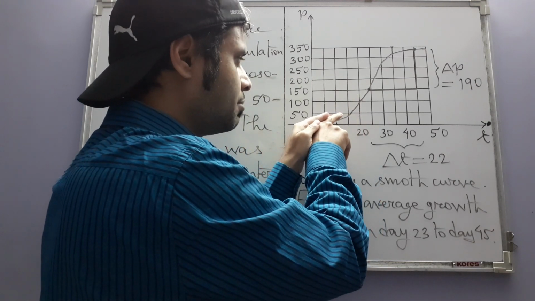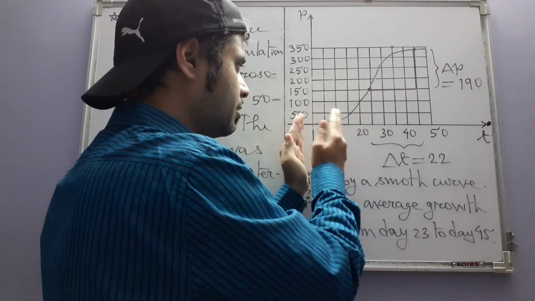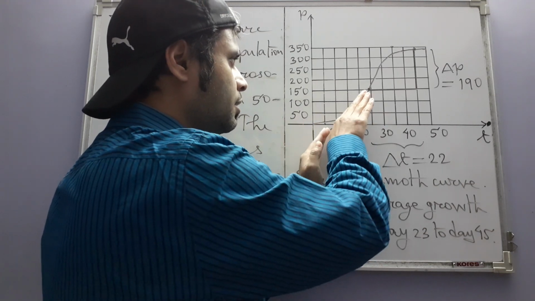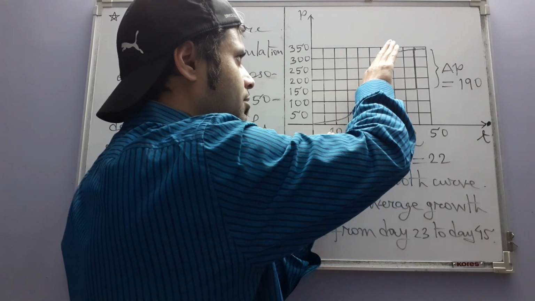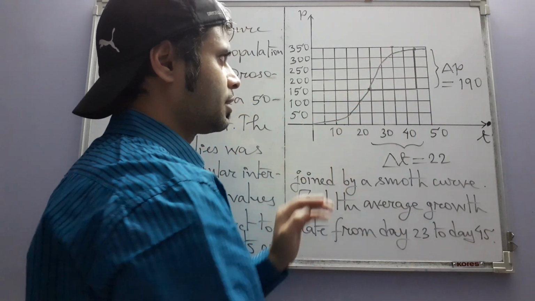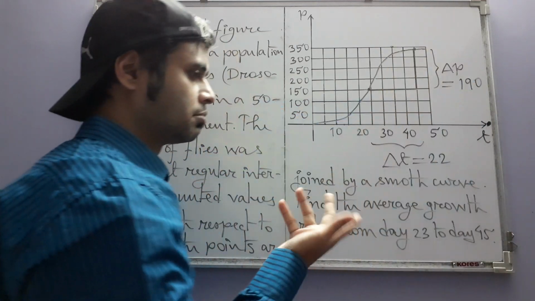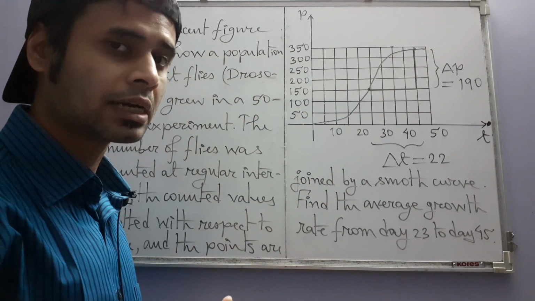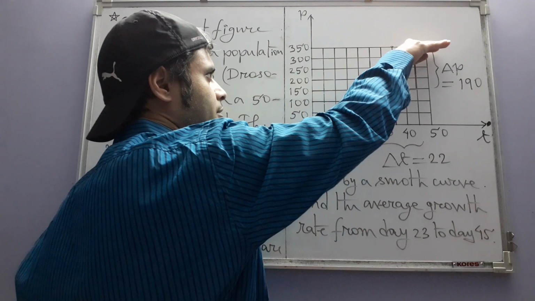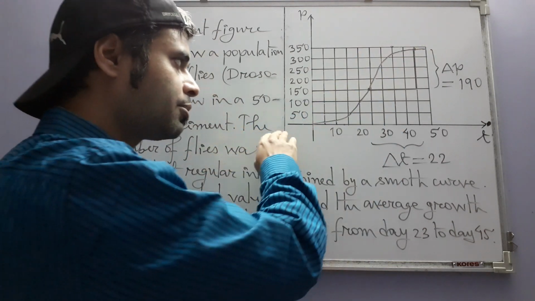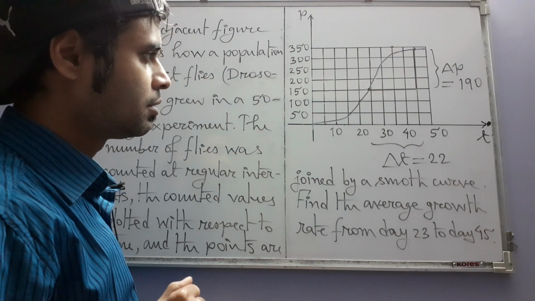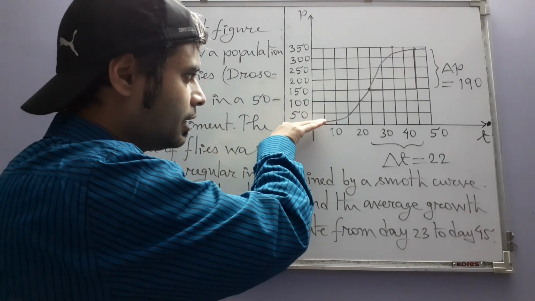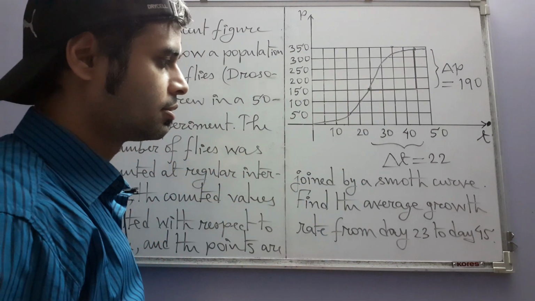The rate became much more. Then it reached some maximum rate, and then the rate started to fall, and the population got stabilized at this level. It kept on increasing. It did not decrease, but still it increased at different rates.